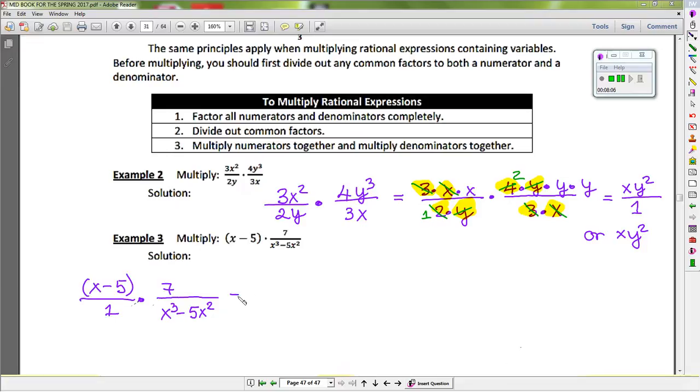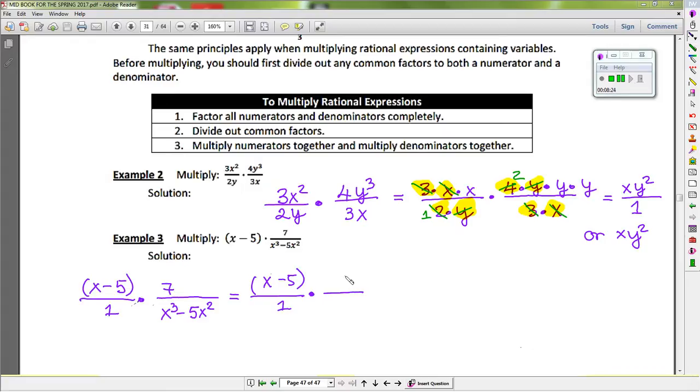Okay, the first step, we're going to factor all the numerators and denominators. x minus 5, we cannot factor that, so we'll just write it exactly the way it is, x minus 5 over 1. This is prime, 1 is prime.